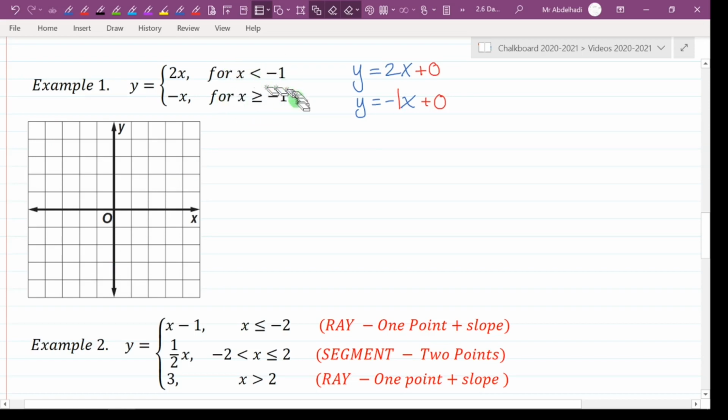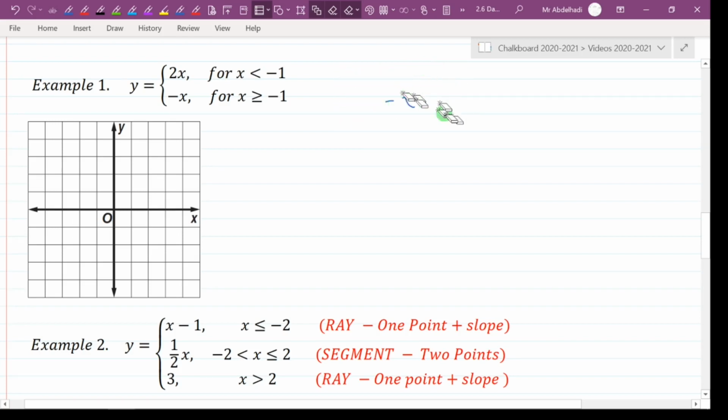The domain is where the function lives, where this thing exists. And the domain of x here, the place where x exists for the top function, is only when x is less than negative 1. And for this bottom function, it's only when x is greater than or equal to negative 1. So what we're going to do is the same thing we did before.